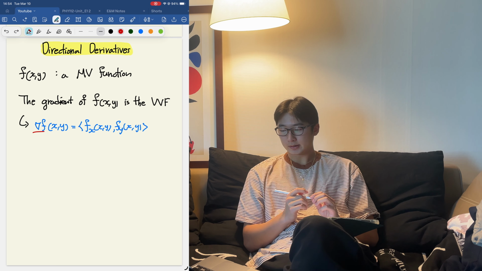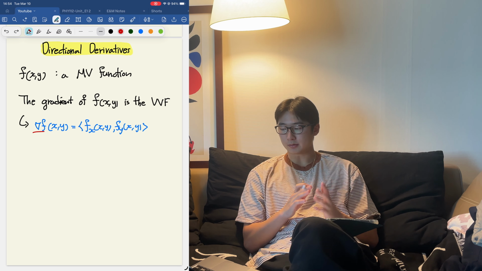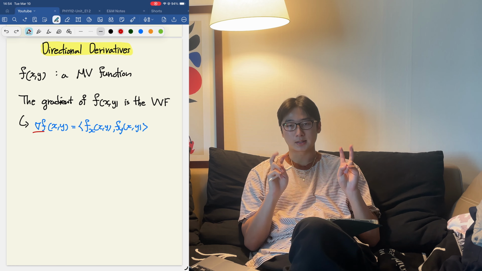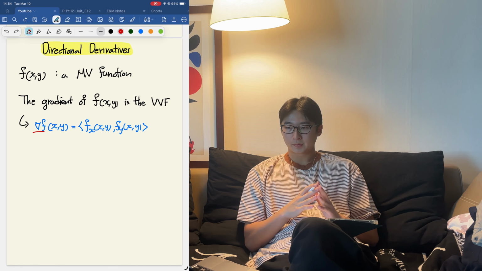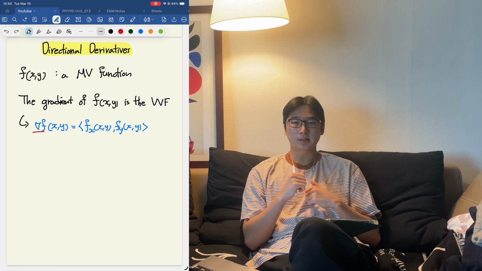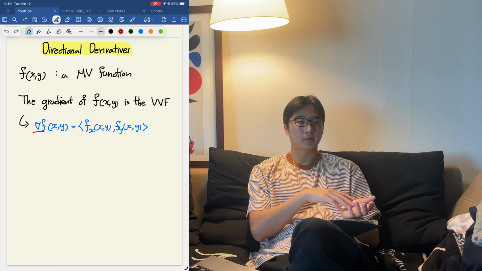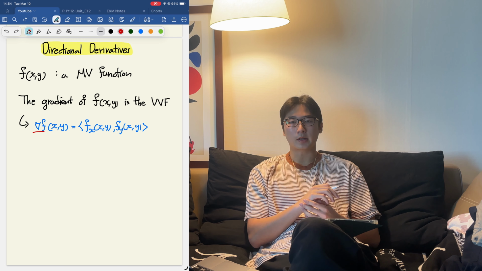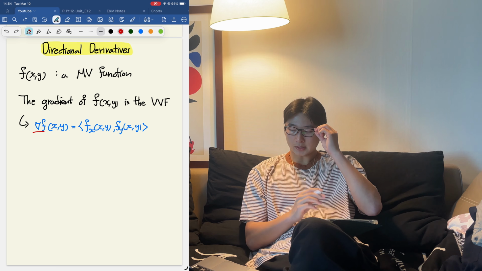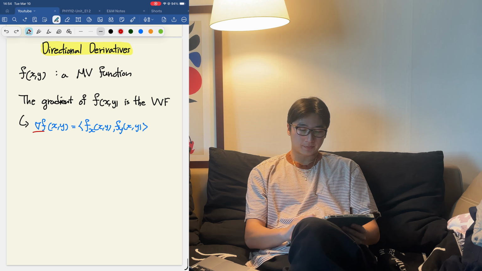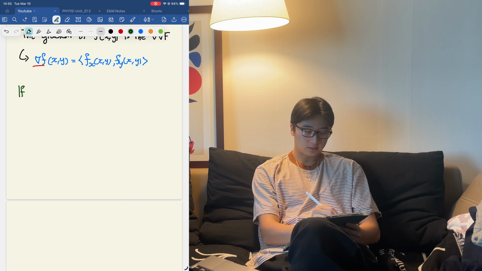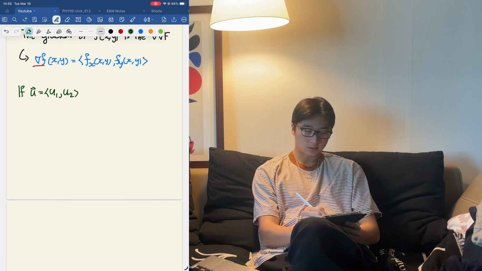A directional derivative measures how fast a function changes when we move from a point in a specific direction. To talk about direction only, not speed, we use a unit vector. Remember, a unit vector always tells us the direction without speed. In other words, the magnitude of the unit vector is always one. So let's say the unit vector u equals u1, u2.